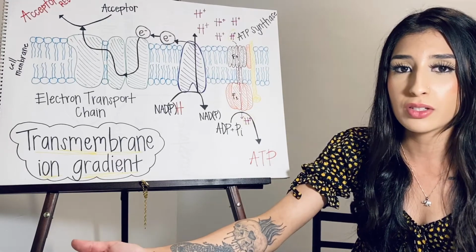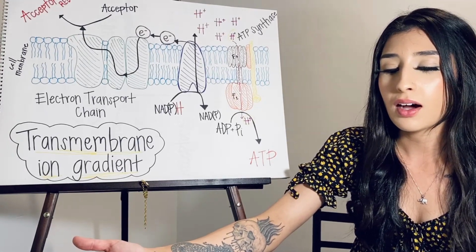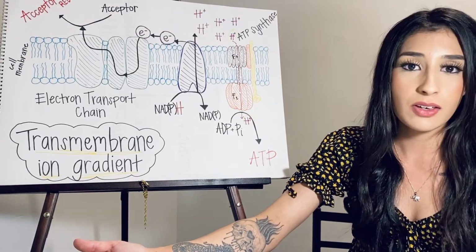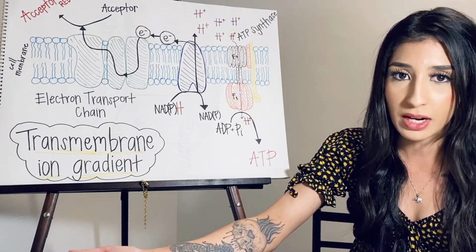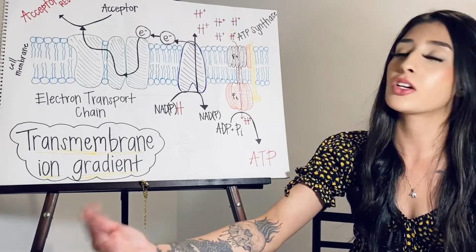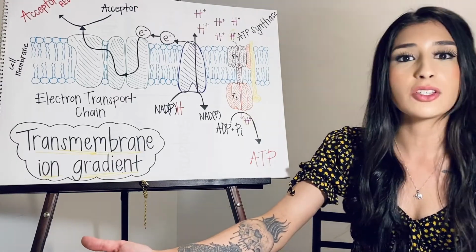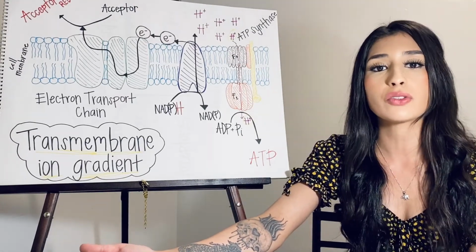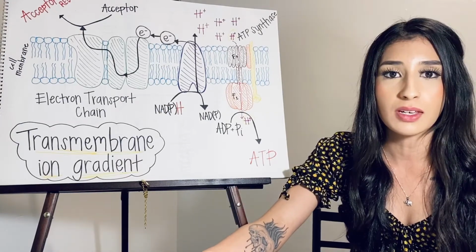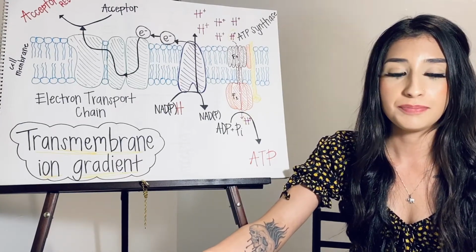It's important to note that those are necessary to create this gradient, as well as earlier when I mentioned substrate level phosphorylation. Those are pretty much the most essential molecules for any energy to be created.